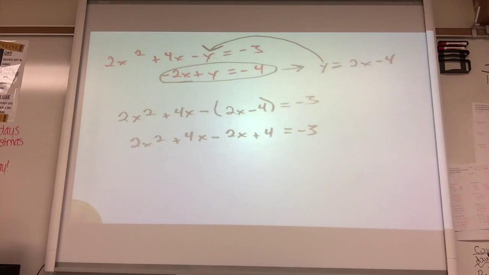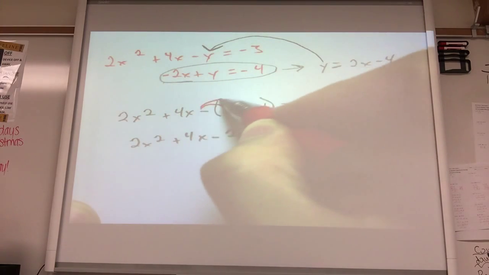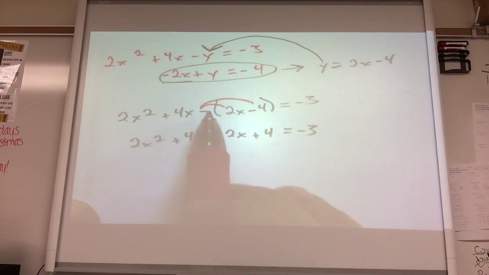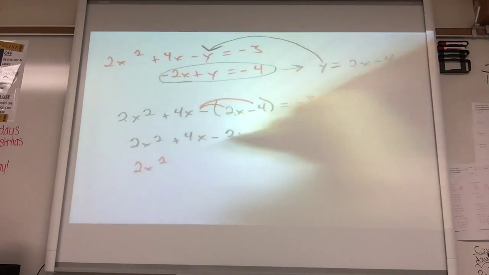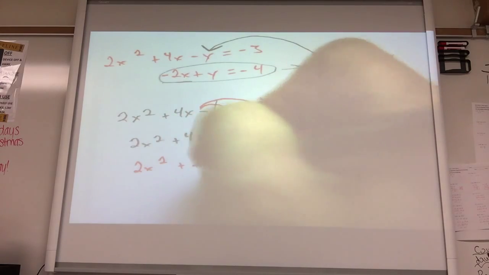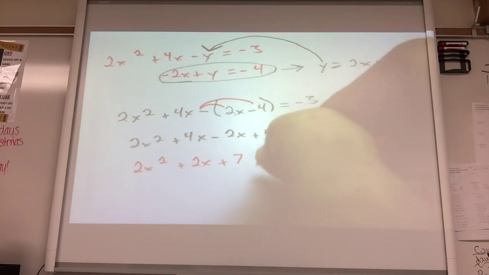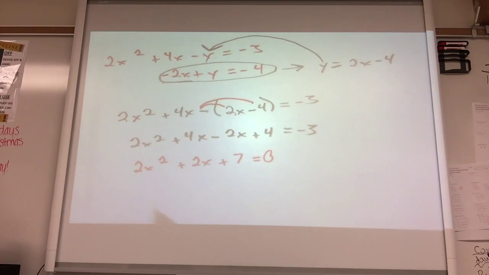And notice what I did here to get from this equation to this equation was I distributed the negative. A lot of people just kind of forget that negative, or maybe they just apply it to the 2x. It gets distributed into that parentheses. So that becomes a negative 2x, and the negative 4 becomes a positive 4. All right, combine like terms and also set it equal to 0. So I have 2x squared plus 2x plus 7 equals 0. That's combining all my like terms, also setting it equal to 0.